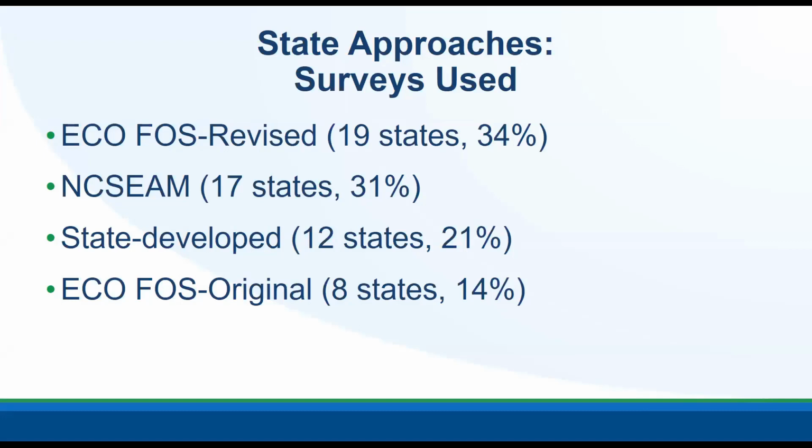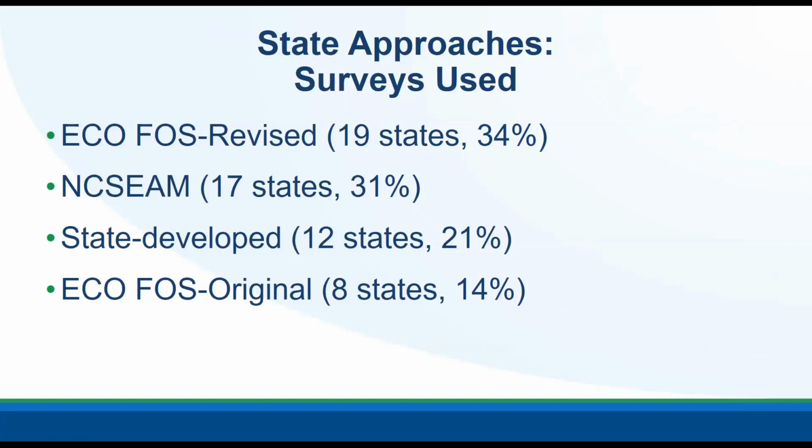The next category, the state-developed surveys. This category is a little bit of a mixed bag because these are states that have developed their own unique survey. So we have 12 states that have developed their own survey included there. And then lastly, 8 states that are using the ECO original Family Outcomes Survey.